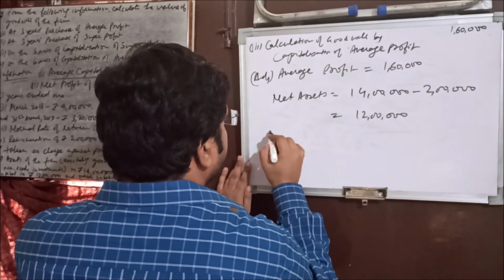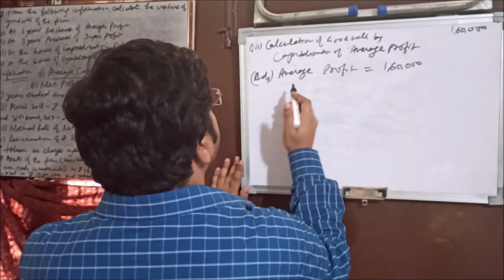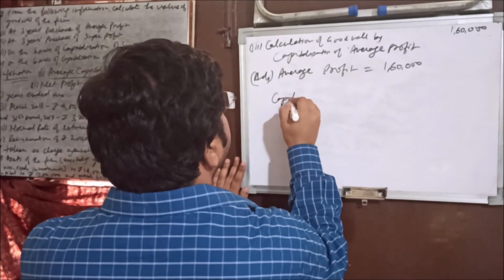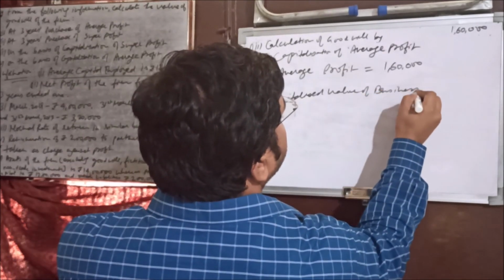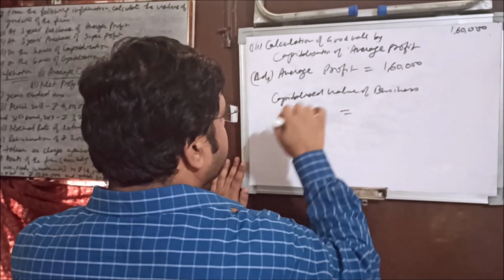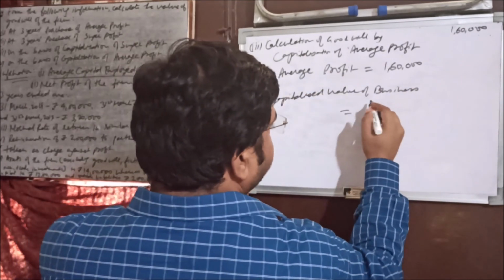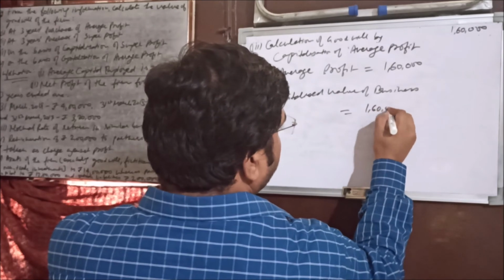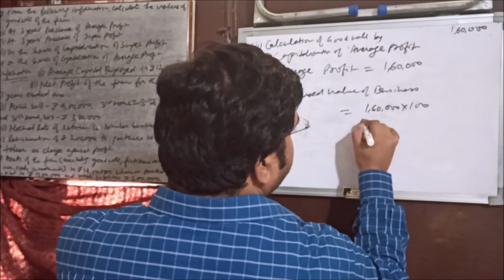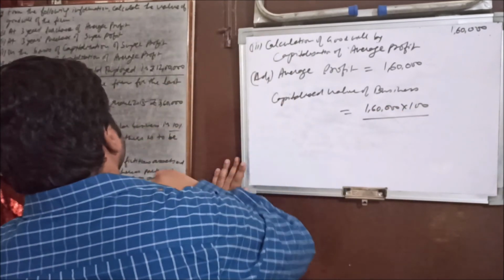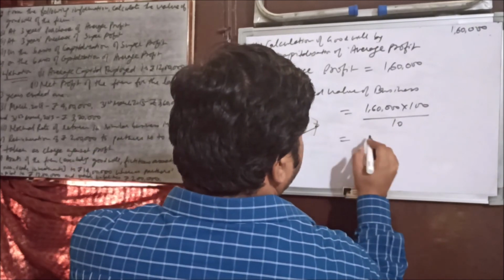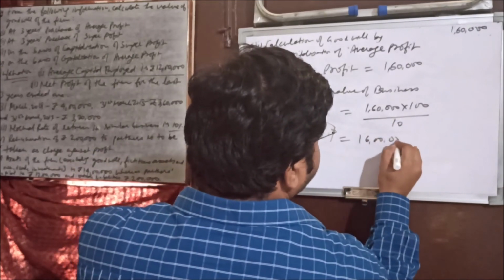Now what we need to calculate? The next step is to calculate the capitalized value of business, right? And what was the formula for that? Average profit multiply 100 divided by normal rate of return, which is given here 10%. So it becomes 16 lakh.